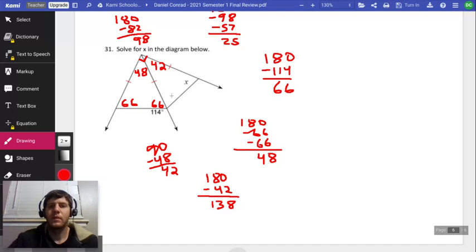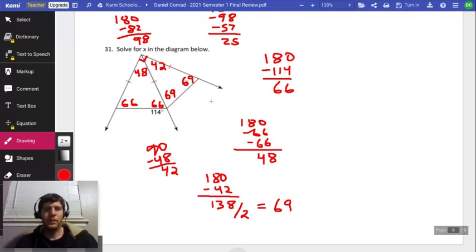Okay. And we know these two angles are congruent, and we know they add up to 138, so we can divide by 2. And that's going to be 69. So then we have 69 here and 69 here. Okay, so x is going to be equal to 69.